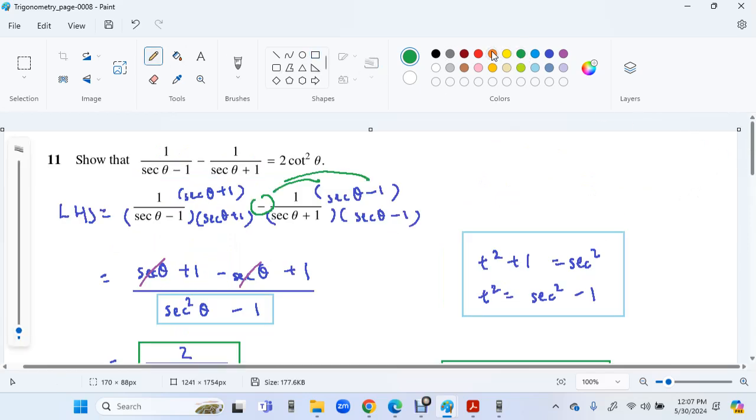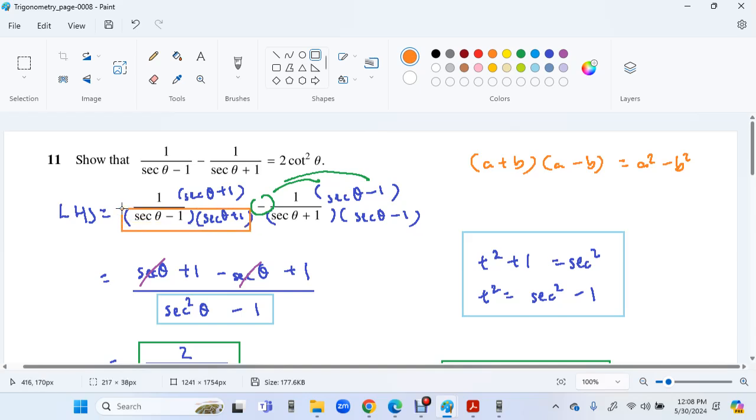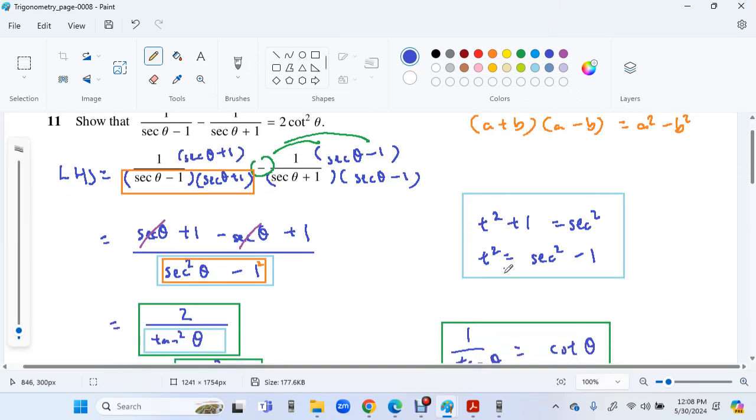And over here, we have the a plus b multiplied with the a minus b will be the a square minus b square. So we have the secant theta minus 1, secant theta plus 1, then it will become secant square minus 1 square. But 1 square is 1, so I didn't write the 1 square.